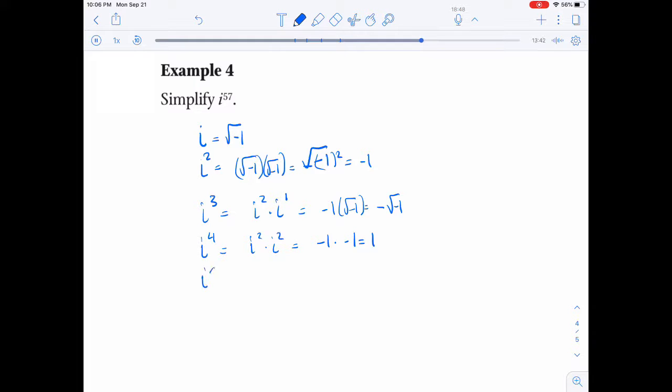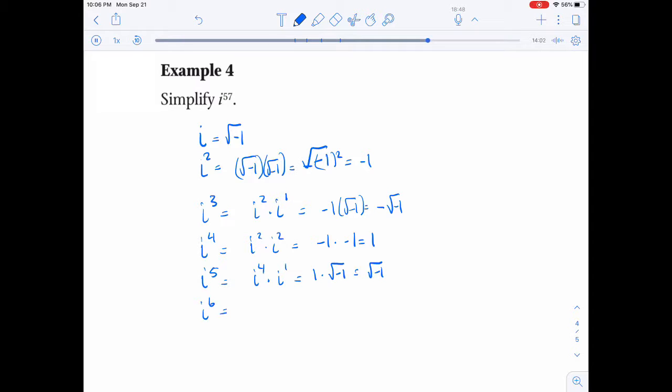Now i to the fifth is going to be i to the fourth multiplied by i to the first, which is equivalent to 1 multiplied by i to the first, which is the square root of a negative 1. So the answer is the square root of a negative 1.